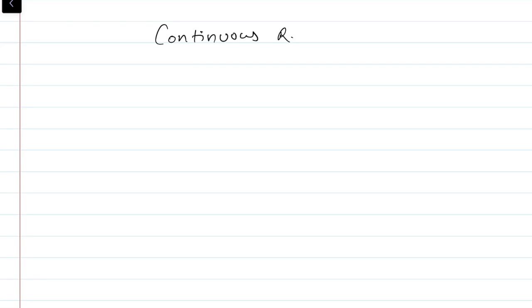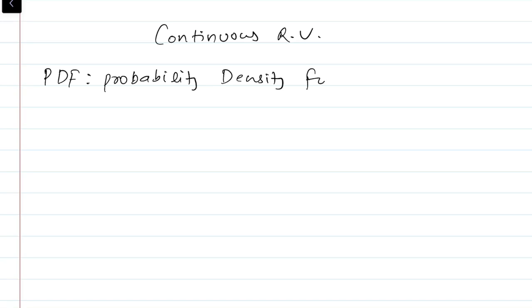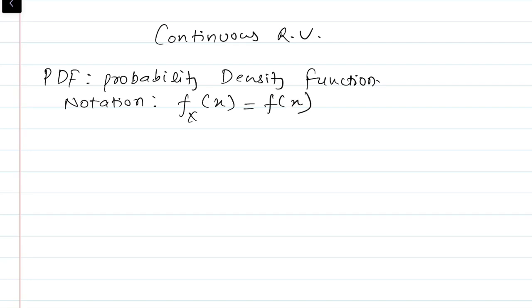Continuous random variable. So we'll talk about the PDF first. In continuous, PDF stands for probability density function. The notation that we use is f_X(x), or we can write f(x) simply.